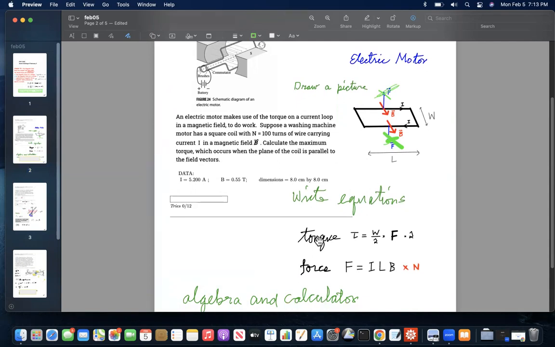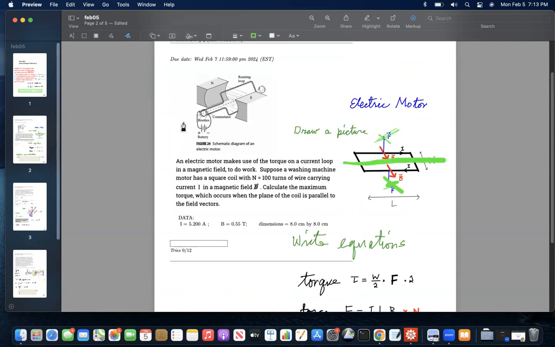Now the torque, remember from physics 231, the torque is R cross F. It's R, the distance from the axis to the force, times the force. So the distance from the axis is going to be like this. Here's the axis. So the distance from the axis to the force will in both cases be W over 2.